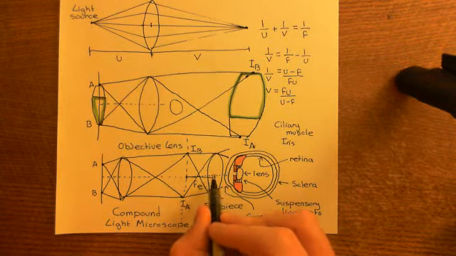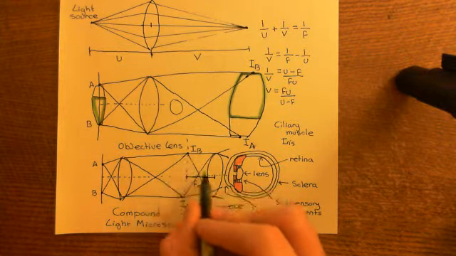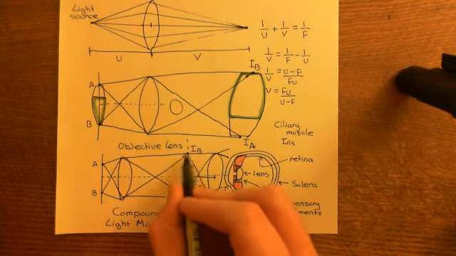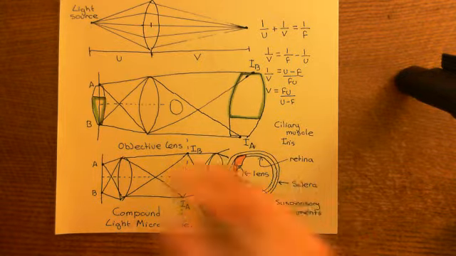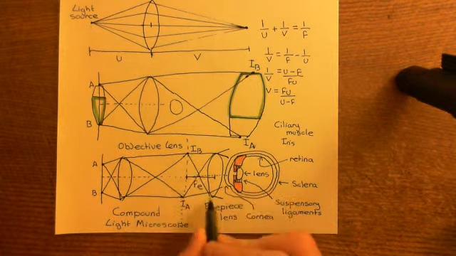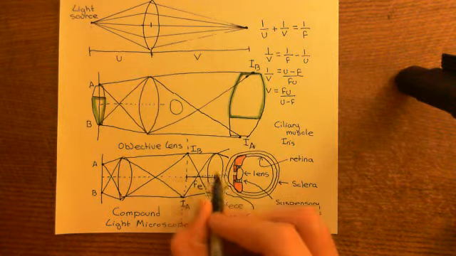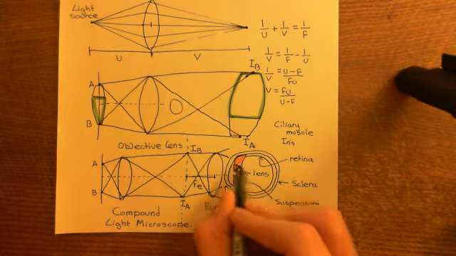What that means is that light is coming from all of the points of this image. They're not obviously producing it, but it's coming from there at least. All of this light will go through the eyepiece lens, and it will be focused so that all the light coming from a single point will be going parallel.